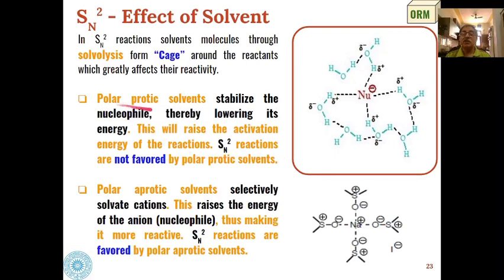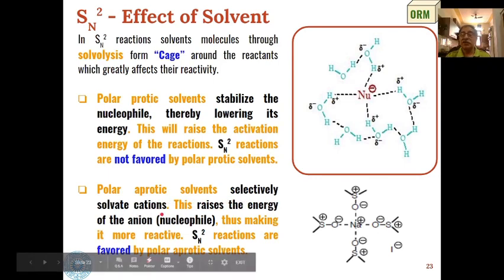So polar protic solvents decrease the rate of reaction in case of SN2 reaction. They do not favor the SN2 type of reaction. Whereas polar aprotic solvents selectively solvate cations only, and this raises the energy of the nucleophile.